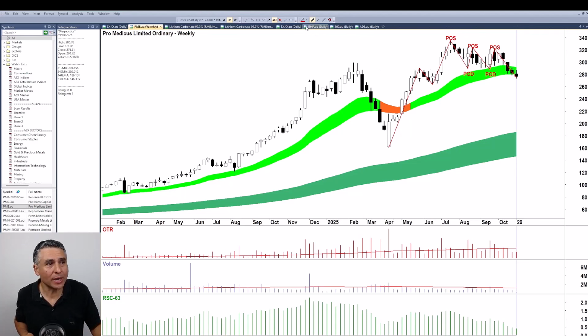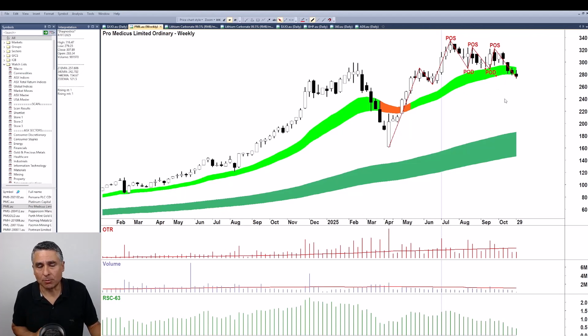And if we are making lower points of supply, for me, there's really only one conclusion: supply is building, or I should say, the demand in the system that's been pushing up isn't as strong anymore, and even if supply is the same, it's just not able to overcome that supply. If we start to close beneath points of demand, well, the demand that was there buying has probably been consumed, it's been fulfilled, and there isn't as much demand left in the system.